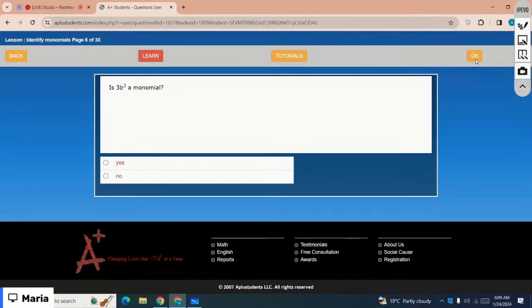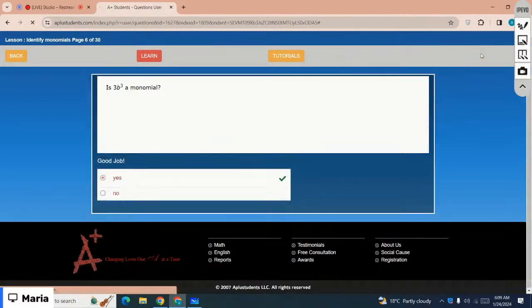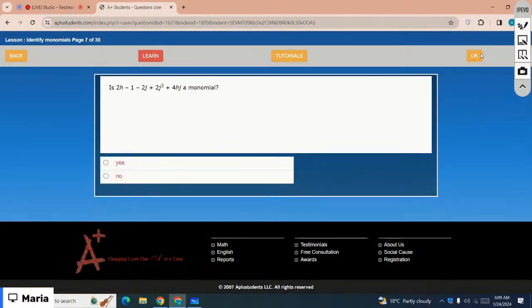Is 3b cube a monomial, which is the correct option, yes or no? The correct option is yes, it is a monomial. Is 2h minus 1 minus 2g plus 2j cube plus 2hj a monomial?